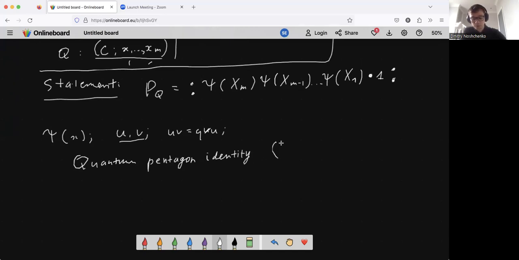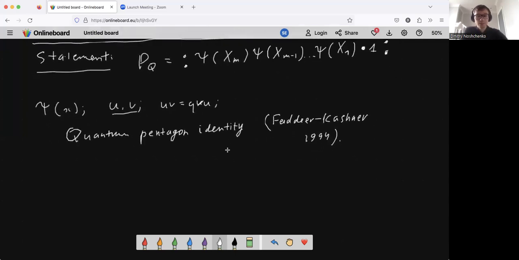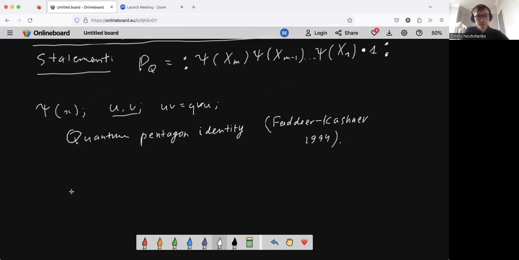This has been proven by Faddeev-Kashaev in 1994. In fact, this identity has some interesting relation with quantum integrable systems.